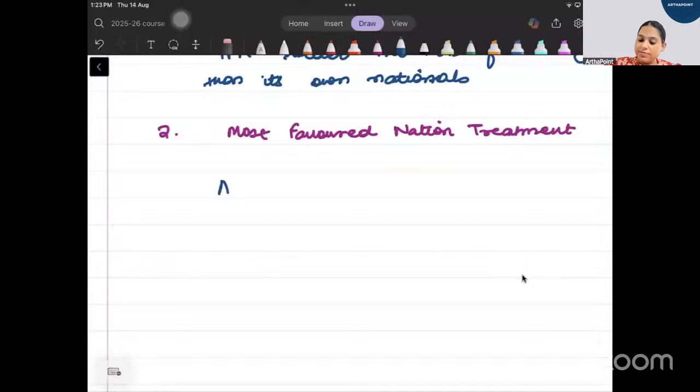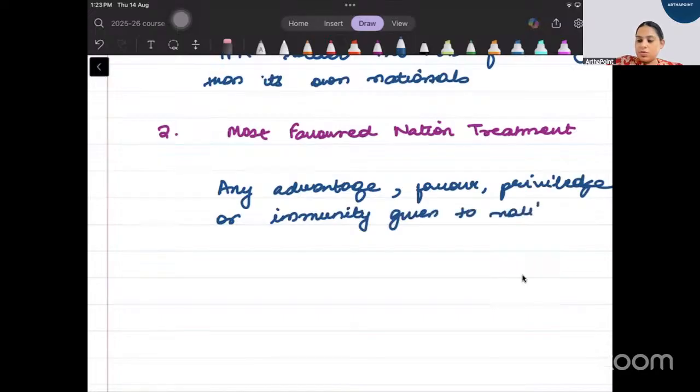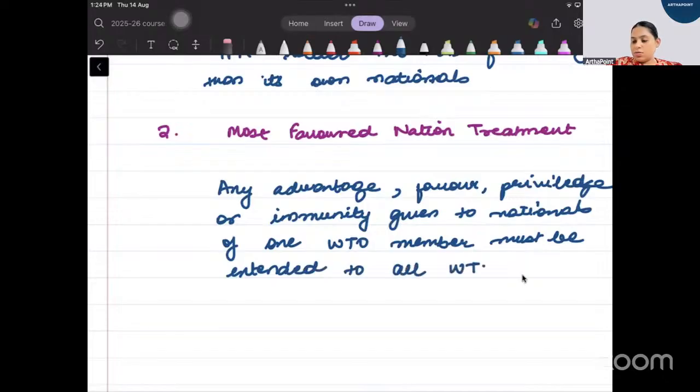So write down: any advantage, favor, privilege or immunity given to nationals of one WTO member must be extended to all WTO members.